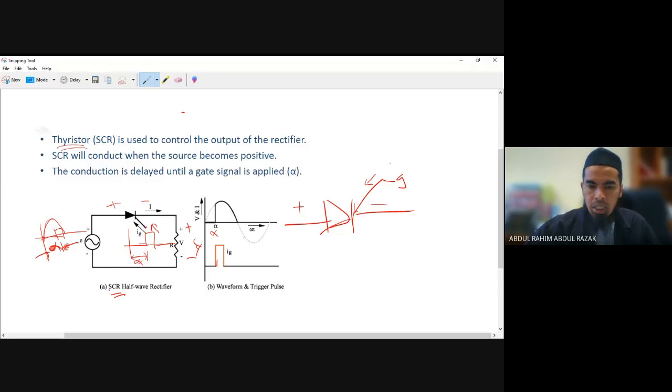During the positive cycle it conducts after alpha, but when the circuit moves into the negative cycle, it stops. It behaves like an SCR in the positive cycle, and in the negative cycle it behaves like a diode, so it will not conduct under negative cycles. So that's the behavior of the SCR, silicon control rectifier. Okay, any question?